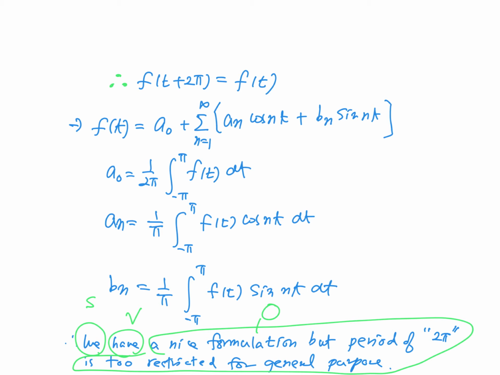So the problem is the following. We have a period of big T. How can we formulate this, something with a general T? When 2 pi was easy, right? You can just use sine nt, cosine nt.